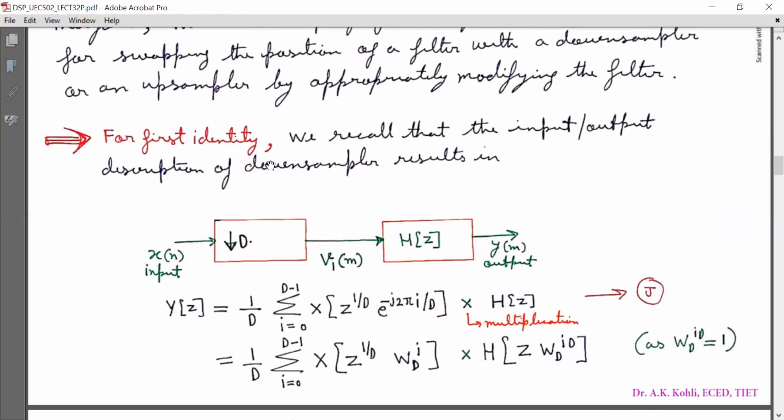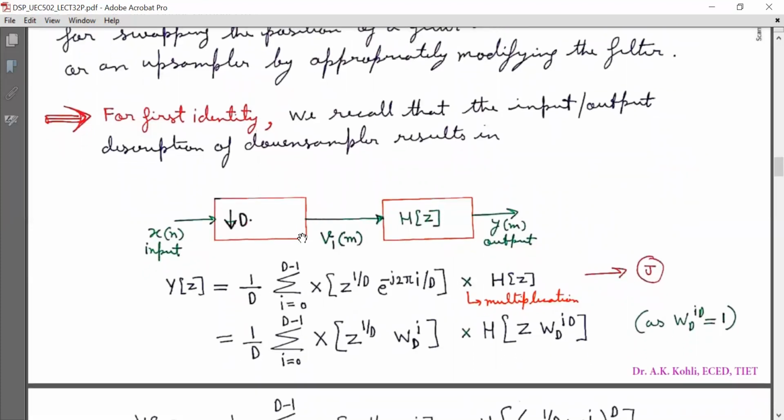For the first identity, we recall the input and output description of the downsampler. We will take help of this block now. So x[n] is input. This is the downsampling block, which downsamples the rate by a factor of D, and the output of the downsampler is v1[m], which is passed through a filter H(z) to give output y[m].